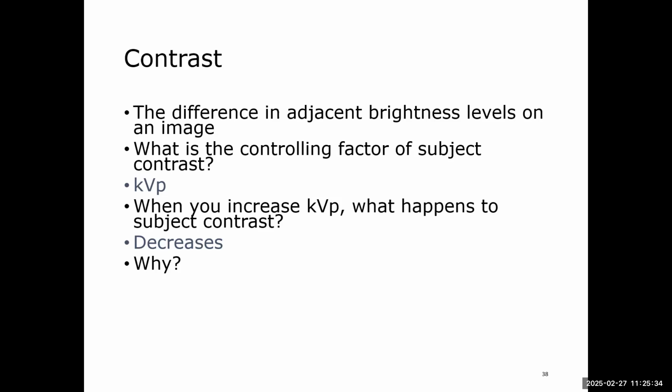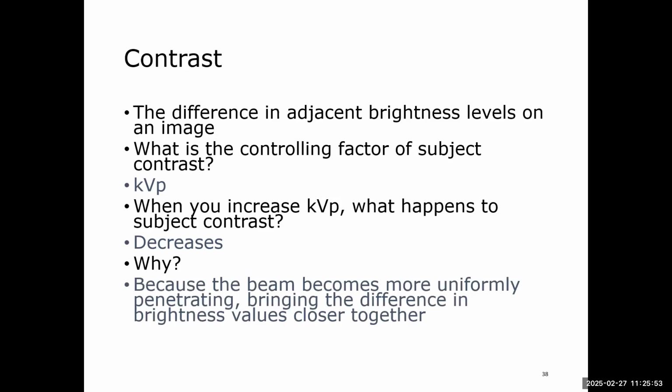Yeah, more penetration. So that is why subject contrast decreases as you increase your KVP. If every single photon got through, we would have zero contrast, right? Hopefully y'all remember doing that on that ImageJ software too, but anyway.